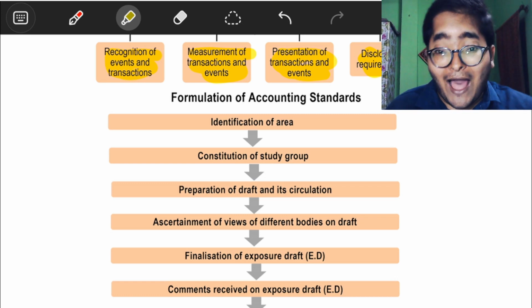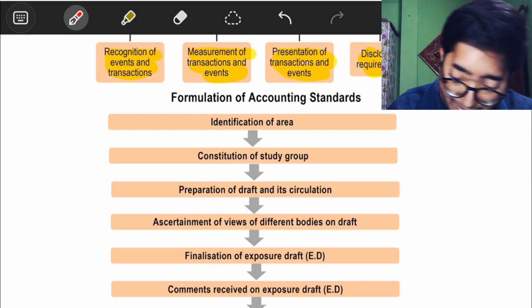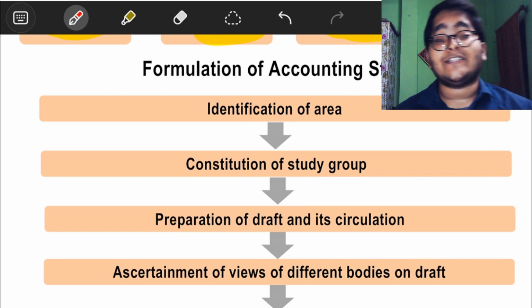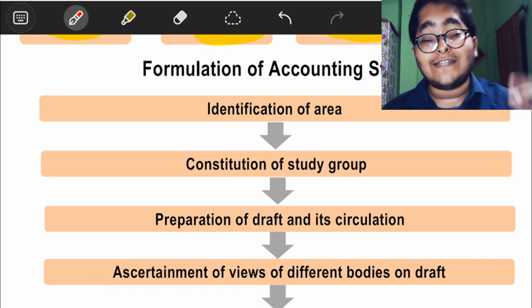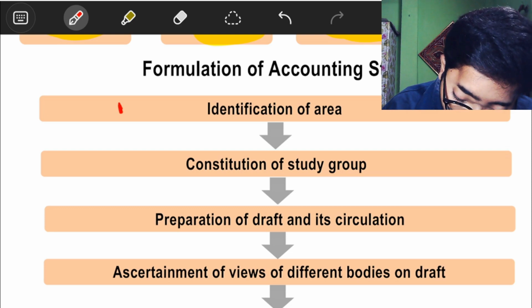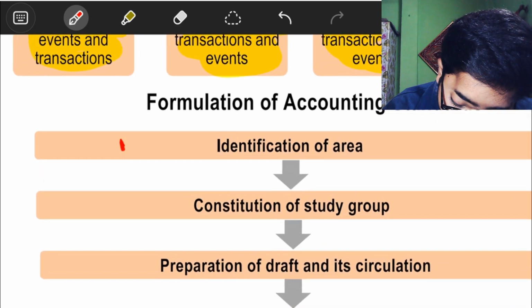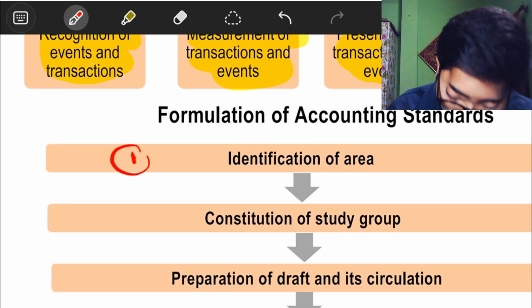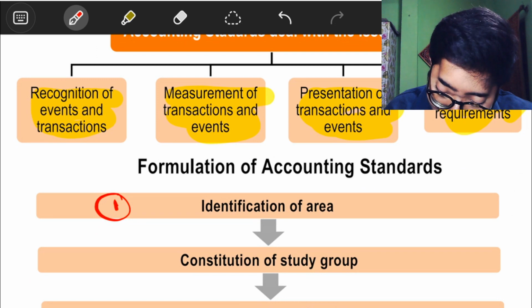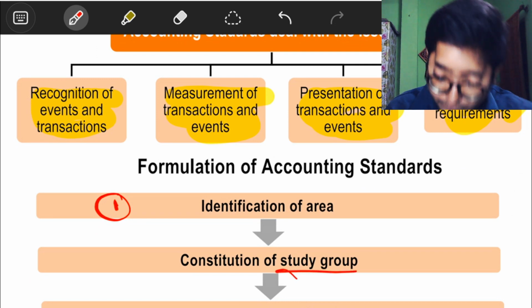Number 1, identification of area. Suppose there is any weak area which needs to be controlled or modified. The weak area should be identified at first. Number 2 is the constitution of a study group.